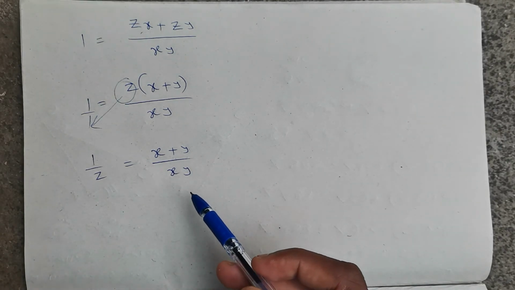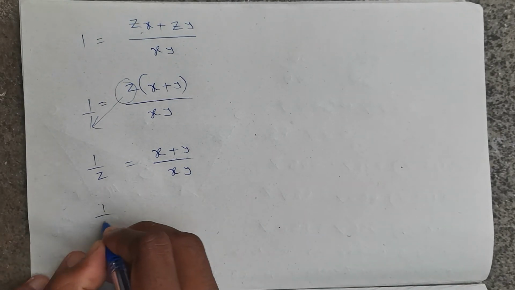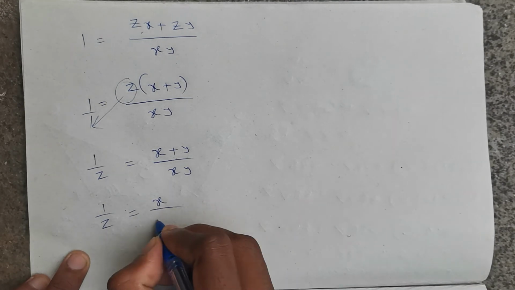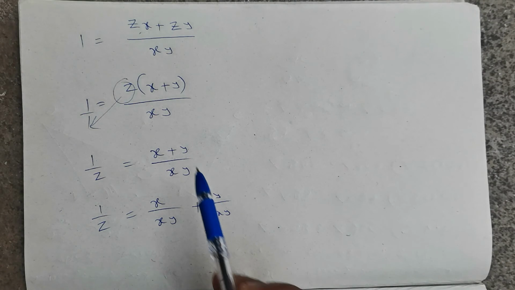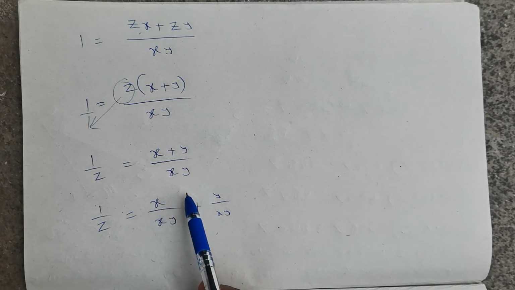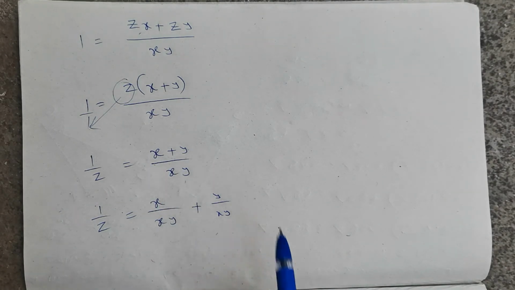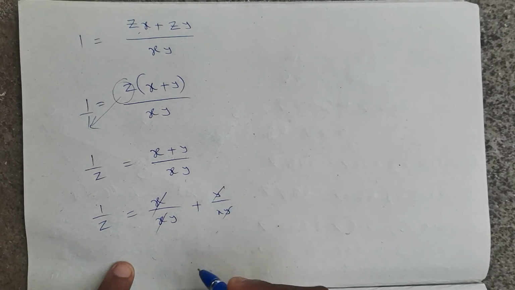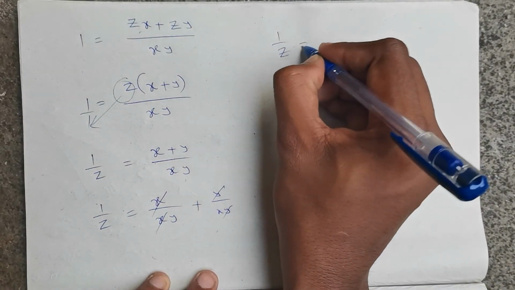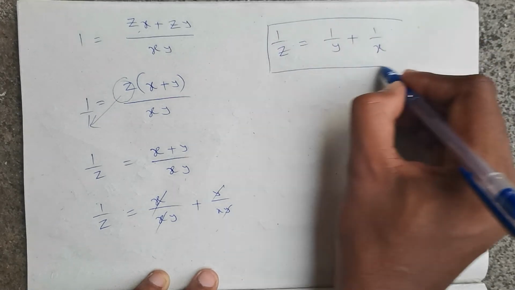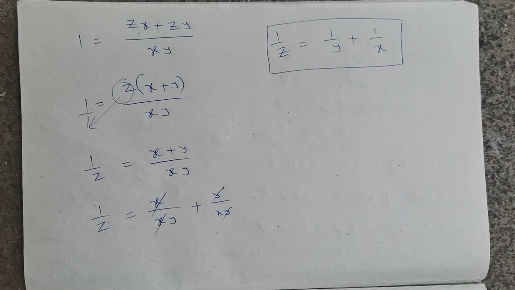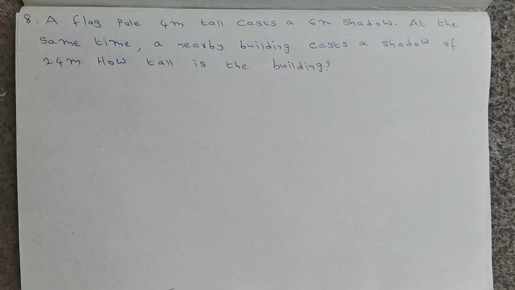Now in the numerator we have two terms, so I will separate it. 1 by Z is equals to X by XY plus Y by XY. Here X cancels, Y cancels. So we remain with 1 by Z is equals to 1 by Y plus 1 by X. Hence proved.